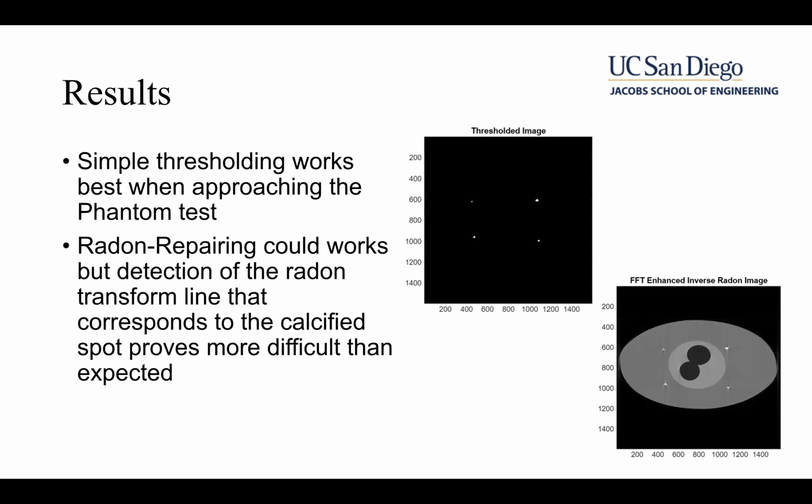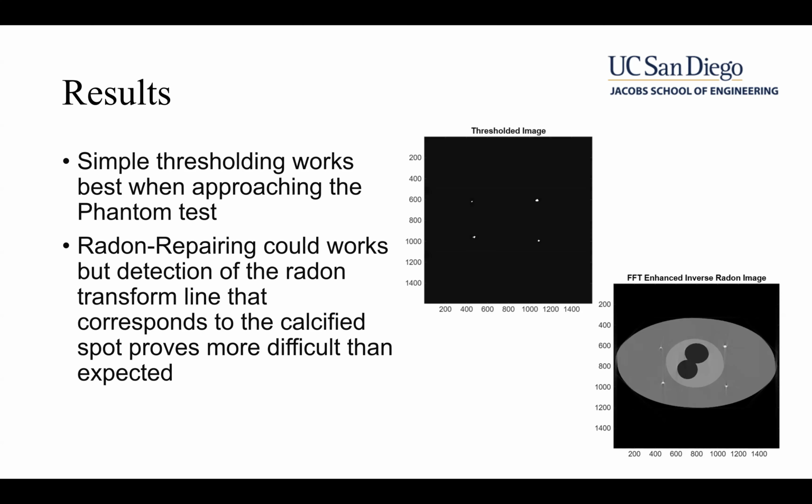And as a result, I found that even simple thresholding would work better than the algorithm that I ended up creating for this project, and that while my repair algorithm could work, detection is more difficult than I was expecting.